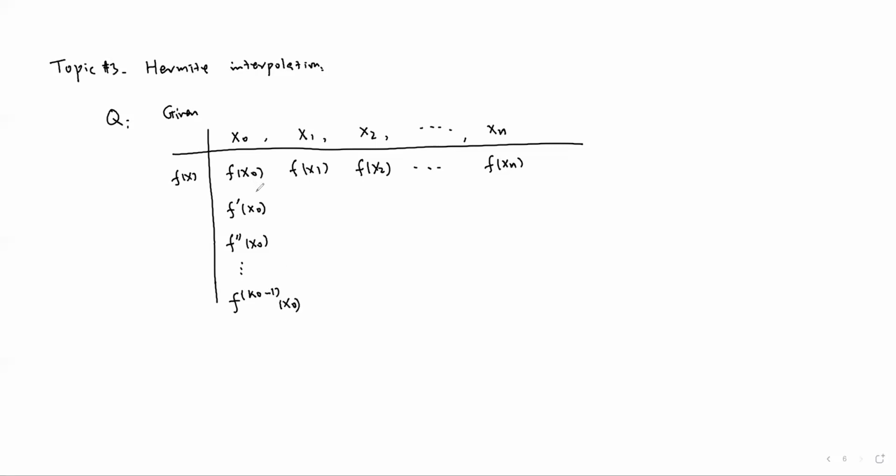At the node x0, we have function value, first derivative, second derivative, until derivative of order K0 minus 1, all given. At the second node, we are given function value, derivative, second derivative, and then derivative of order K1 minus 1 given.